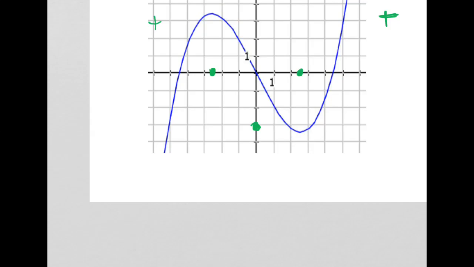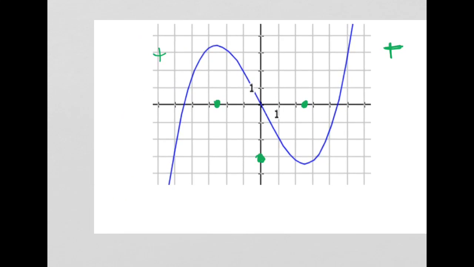So let's sketch that on there. We don't necessarily know at this point where it should be, but it should be a minimum. And so again, we've got our positive and our negative areas and our zeros. So we can now sketch in this derivative, and it's going to look something like that.